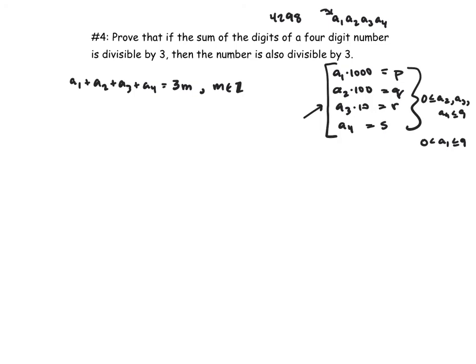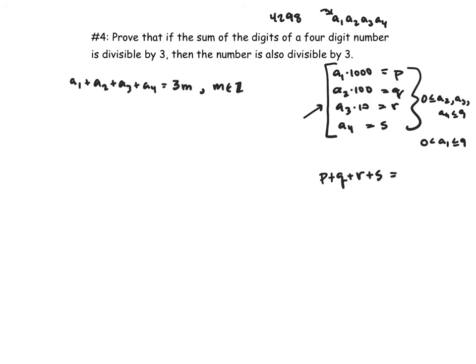Now, wouldn't you say that P plus Q plus R plus S is equal to A2, this is not times, A3, A4, right? That is that number. And actually, I should get rid of those multiplication symbols in there.